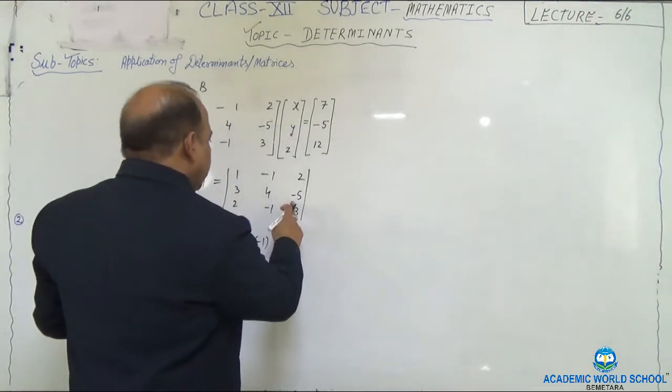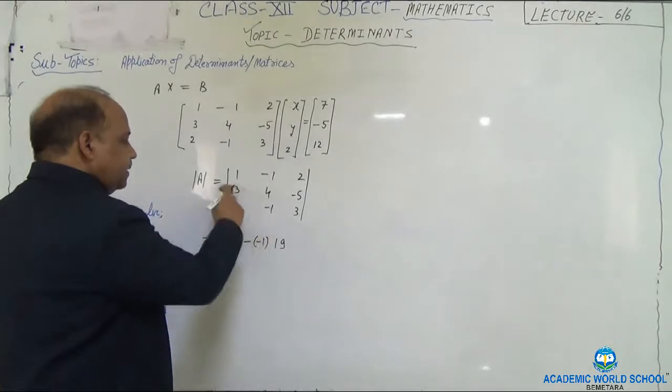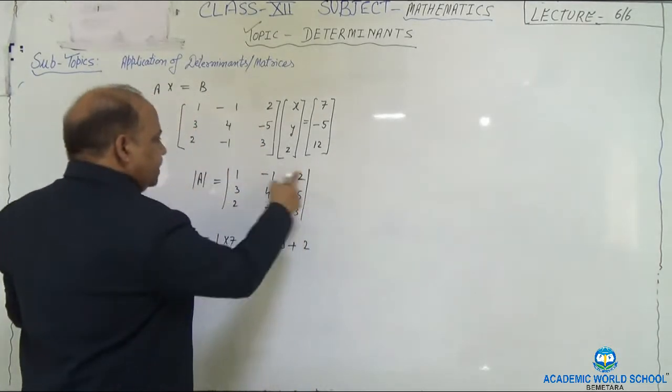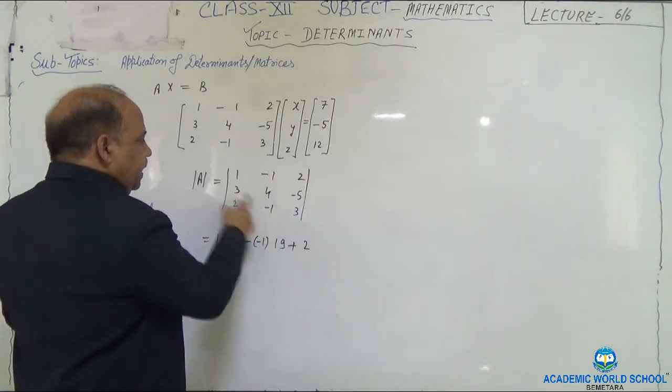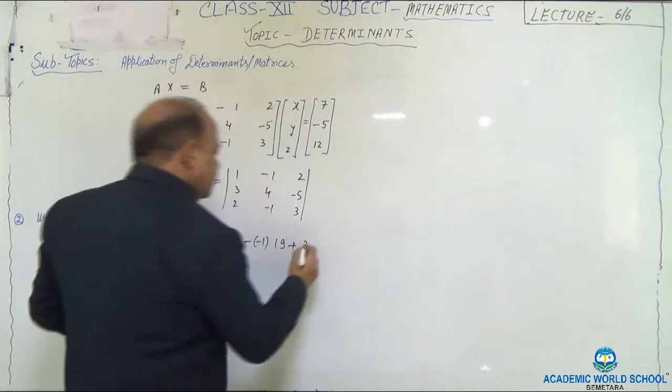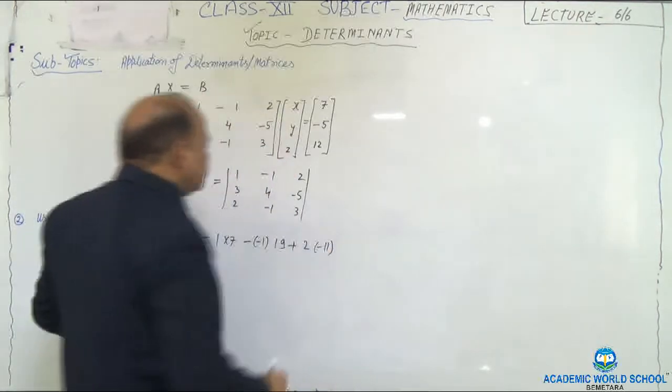And then this plus you are taking this 2, leave this part. It becomes minus 3, and then minus 8. That means it gives you minus 11.